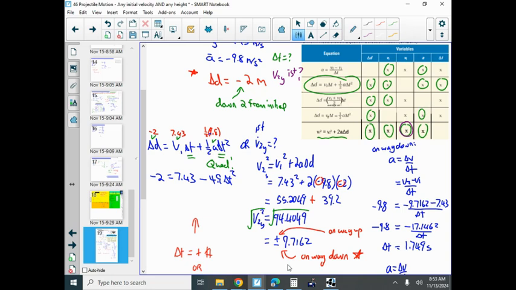And if you're watching and thinking, hey, wait a minute, what about the delta t from this part? Don't forget that, right? And so the quadratic would be the negative 4.9 delta t squared plus the 7.43 delta t, and then add 2 to both sides, and you get your quadratic, right?